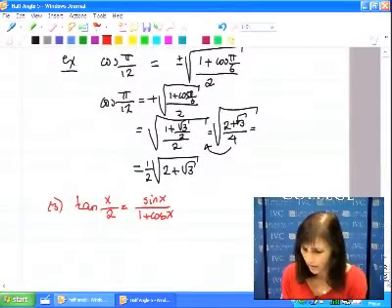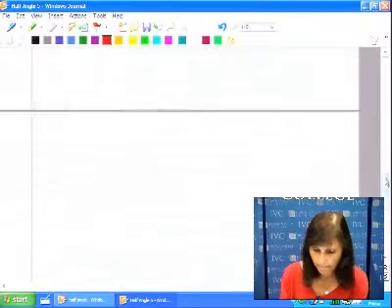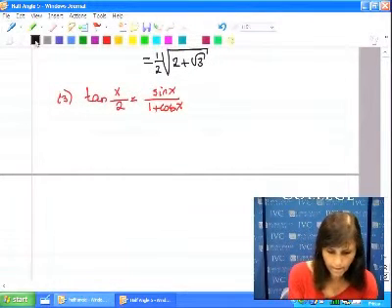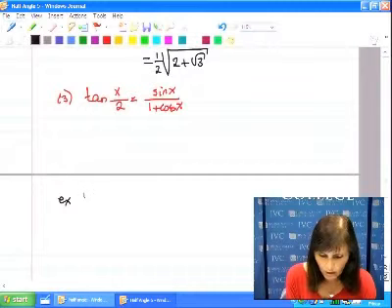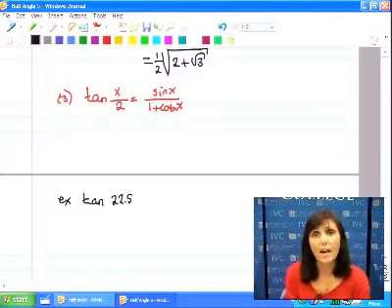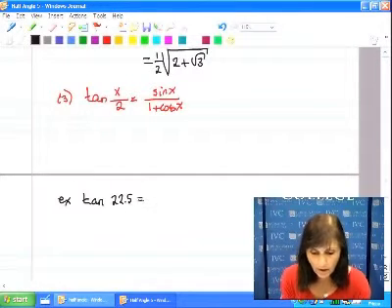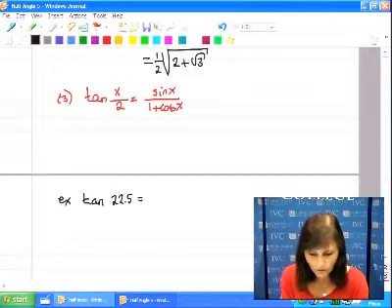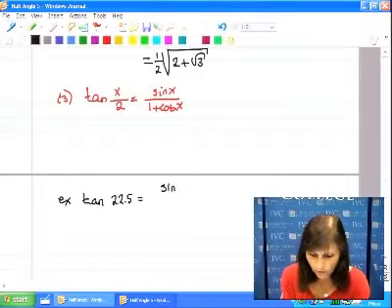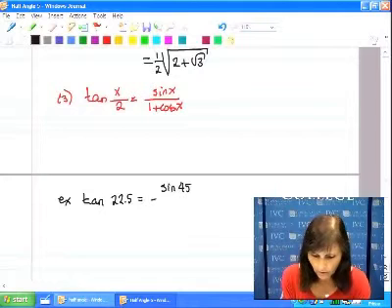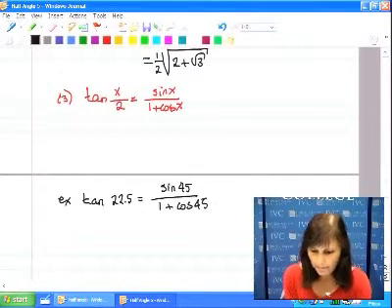So let's do an example. Somebody's asking, what is tangent of 22.5 degrees? Gosh, I know the 45, and 22.5 is half of that. So I can use formula 3. That is going to be sine of 45 over 1 plus cosine of 45, and you clean it up.